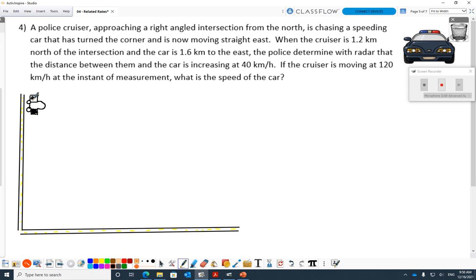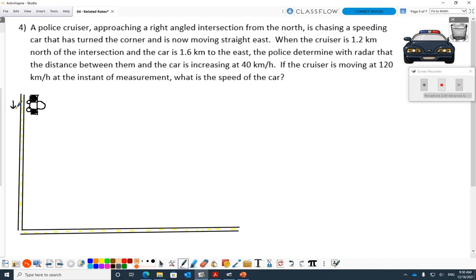Is this right? Black front and back, and then white in the middle? Or is it the other way around? I don't remember. Did I put it in the right spot? Approaching a right-angled intersection from the north. Here he comes. He's heading this way. Good. That's not a bad picture for me, actually.